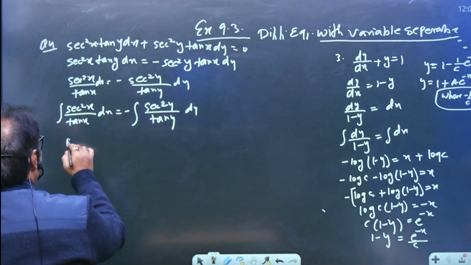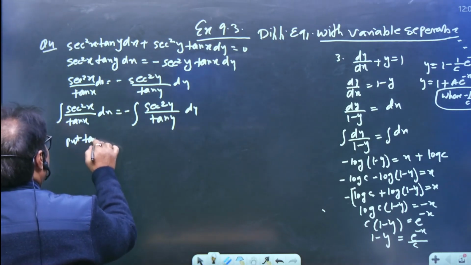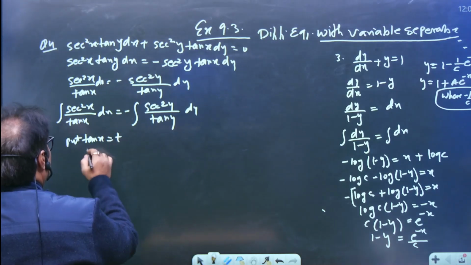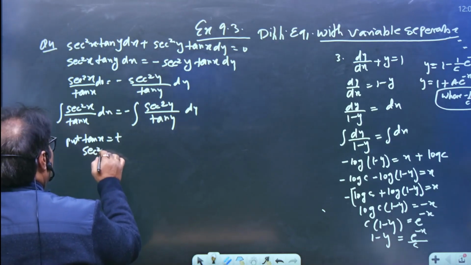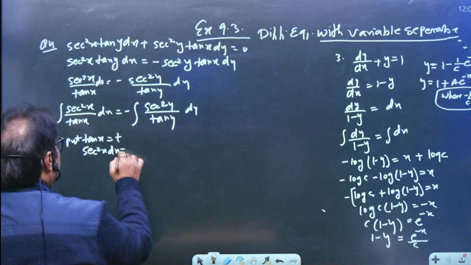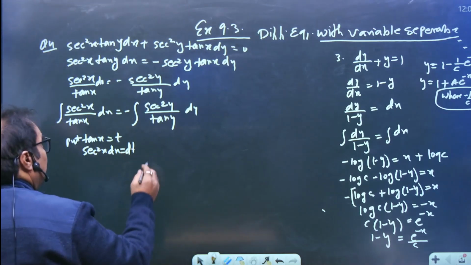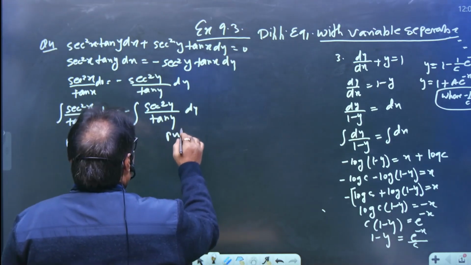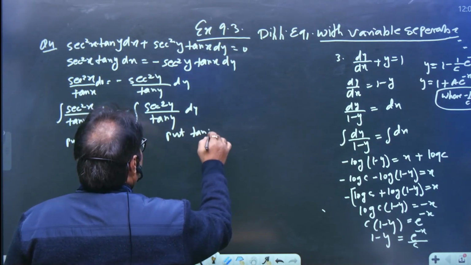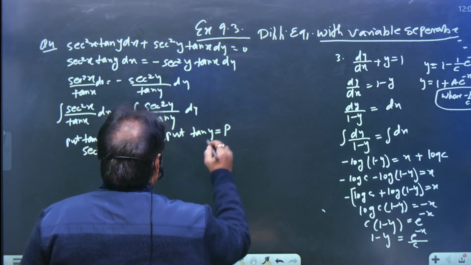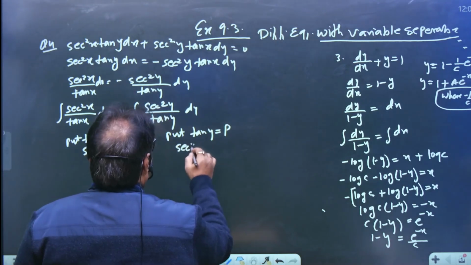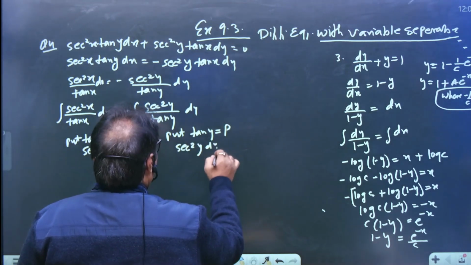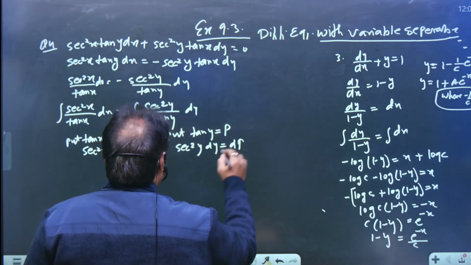So we put tan x is equal to t, so sec square x dx is equal to dt, and similarly put tan y is equal to say p, so sec square y dy is equal to dp.